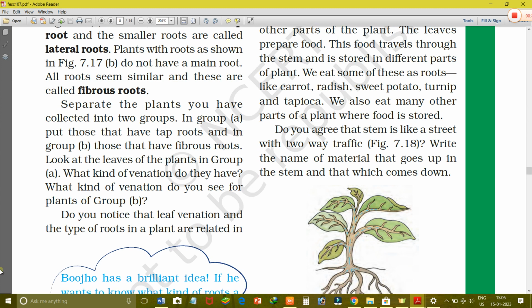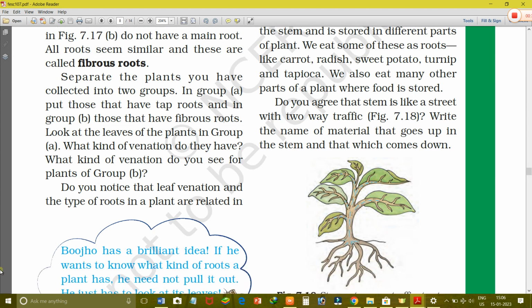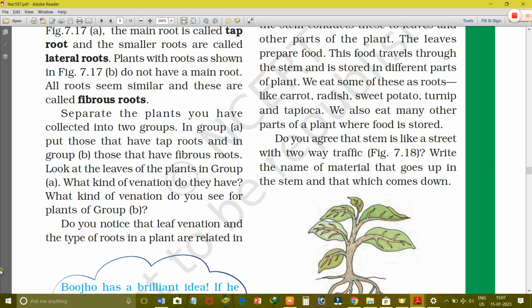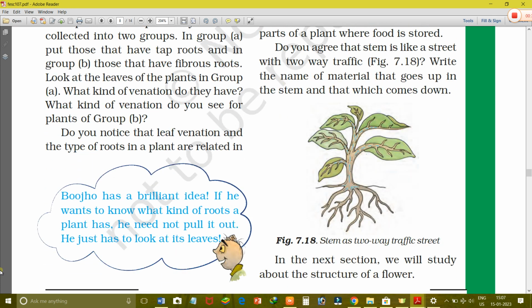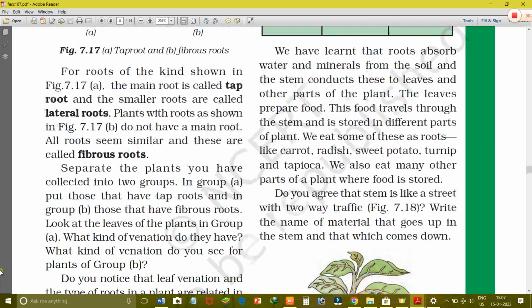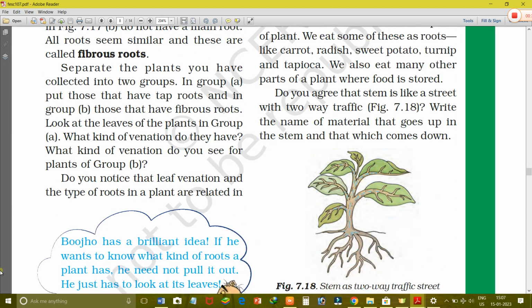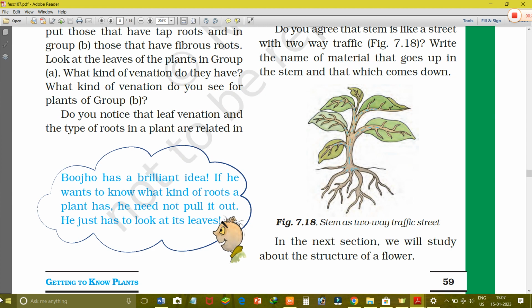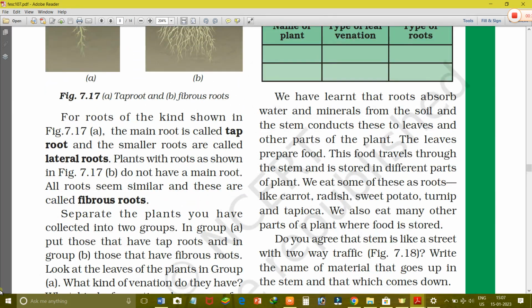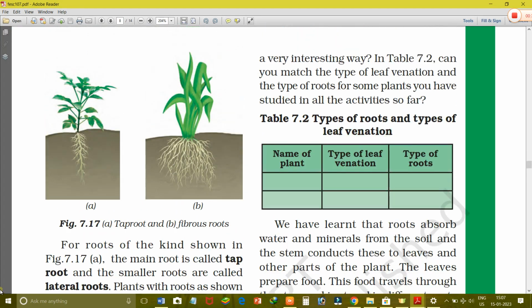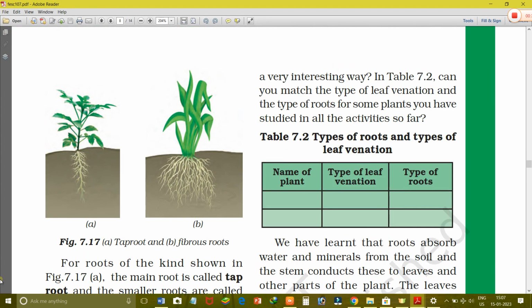Do you notice that leaf venation and the type of roots in a plant are related in a very interesting way?